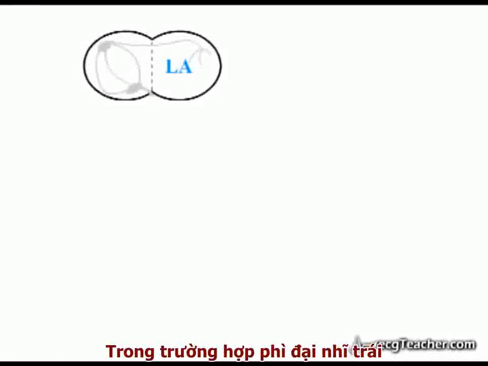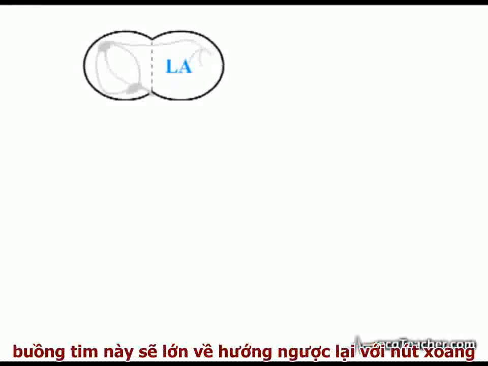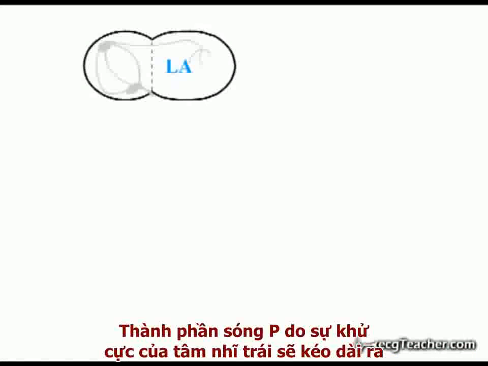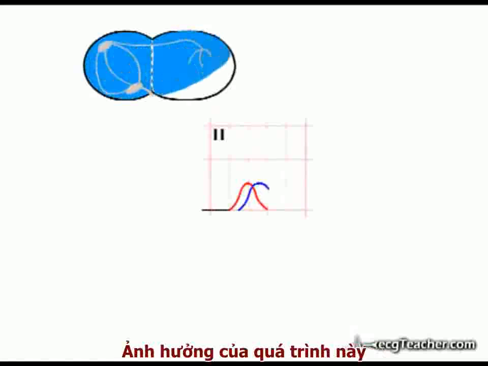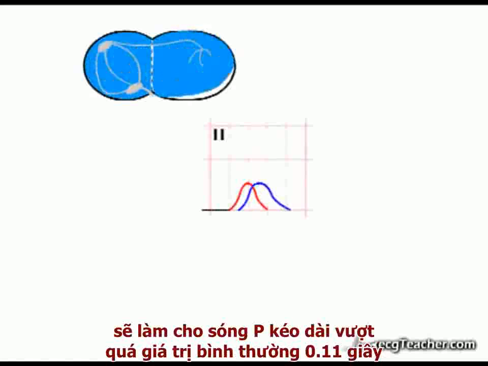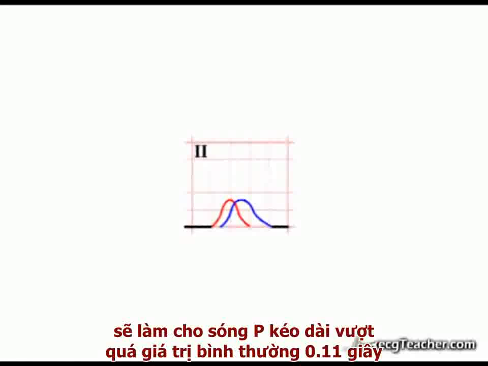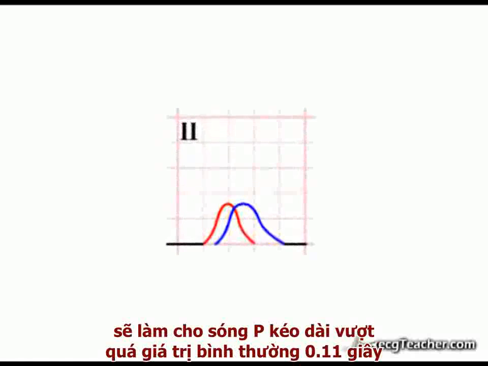In left atrial enlargement, as the chamber enlarges away from the SA node, the component of the P wave due to left atrial depolarization is prolonged. The effect of this is to prolong the recorded P wave beyond the normal limit of 0.11 seconds.